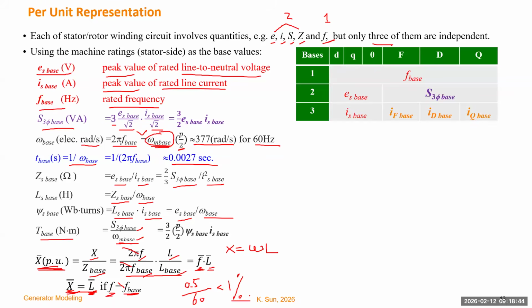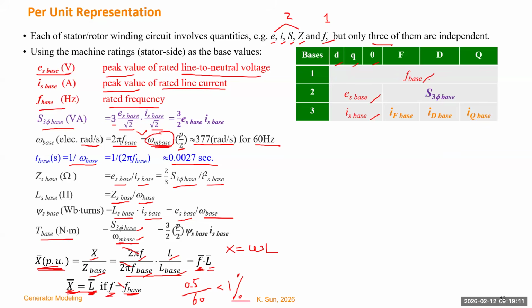So next we need to talk about the rotor. First we create this table for the stator winding D, Q, or zero axis. We already defined the base frequency, the base voltage, and base current. For the three rotor windings, because they are not connected with each other, the only way connecting the rotors and the stators is actually the magnetic field and the frequency.